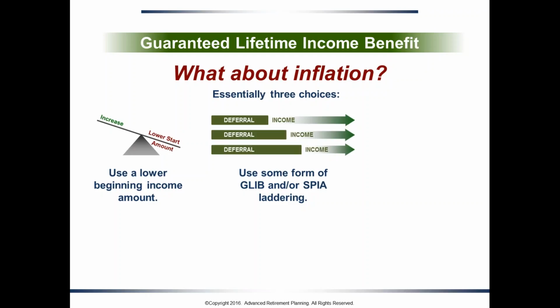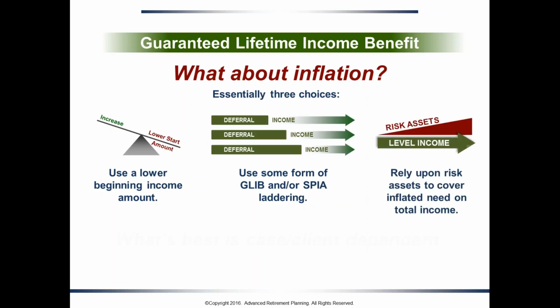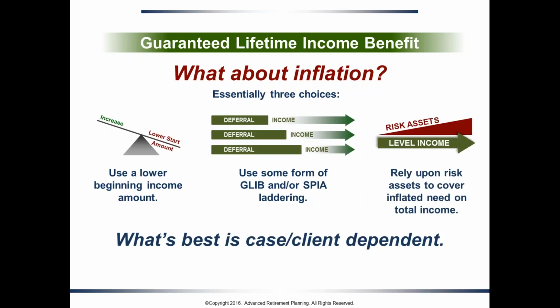What agents and producers such as myself have a tendency to do, and this is my preferred way, is we use the risk assets to cover inflation. So I'll give them a level, I'll take that guaranteed level income benefit that I absolutely know is going to happen, okay, fully guaranteed.